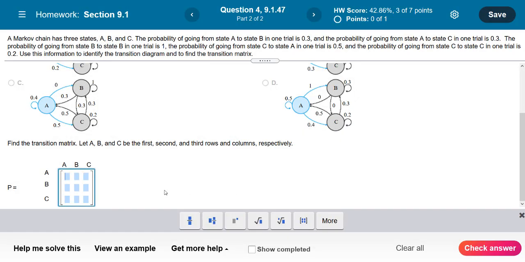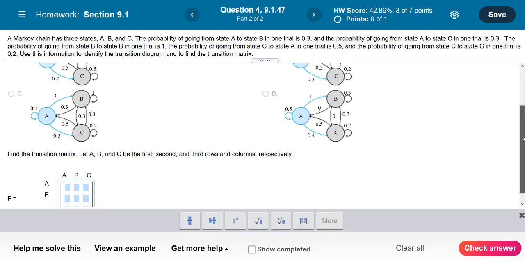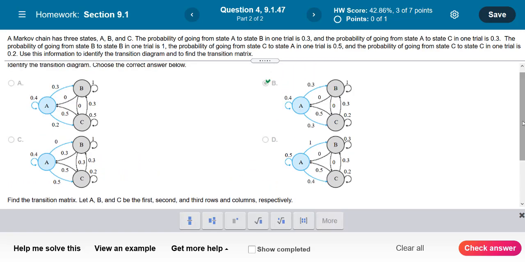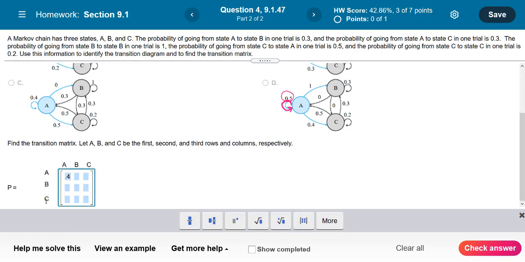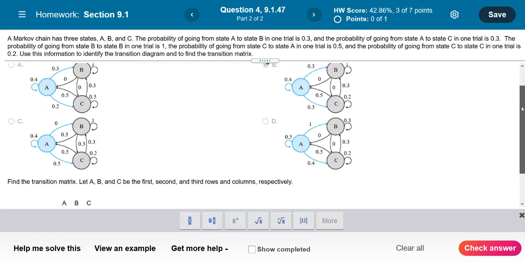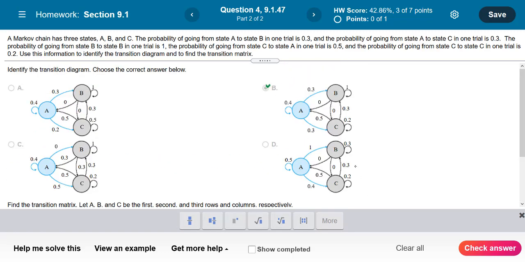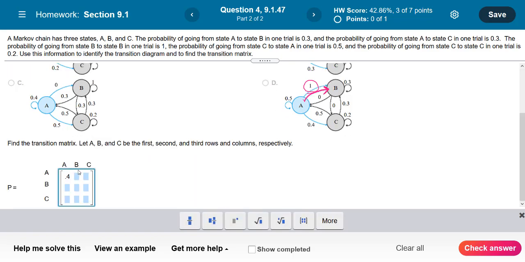We've got from A to A. I'll have to scroll through here and show it to you. And we're going from A to A, which needs to be a 0.4. The second box, A to B, is here, and it needs to be a 0.3.